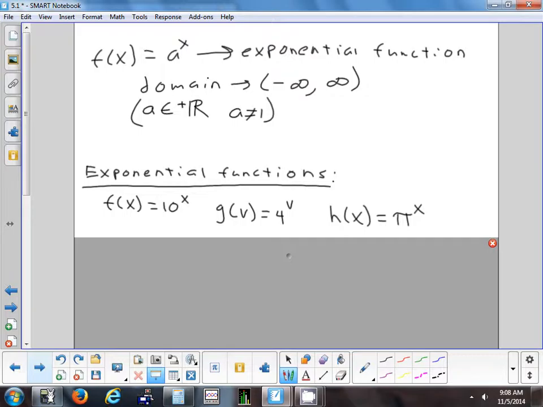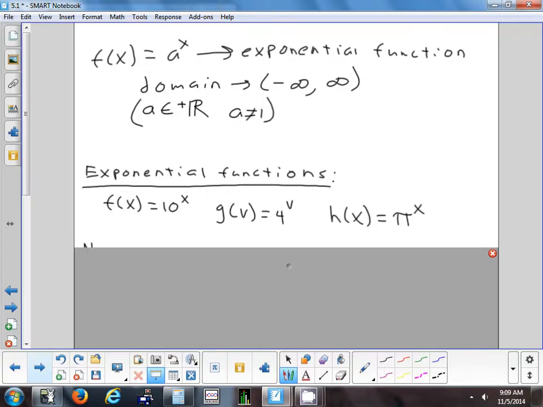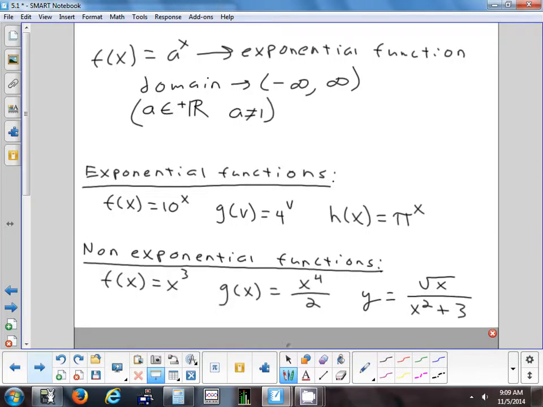Here are some examples of exponential functions: 10 to the x, 4 to the x, pi to the x. They all fit the definition: the base is a positive real number other than 1, and you have your variable up in the exponent. These are things that are not exponential functions. x cubed is a polynomial. One half x to the 4th, or x to the 4th divided by 2, is also a polynomial.